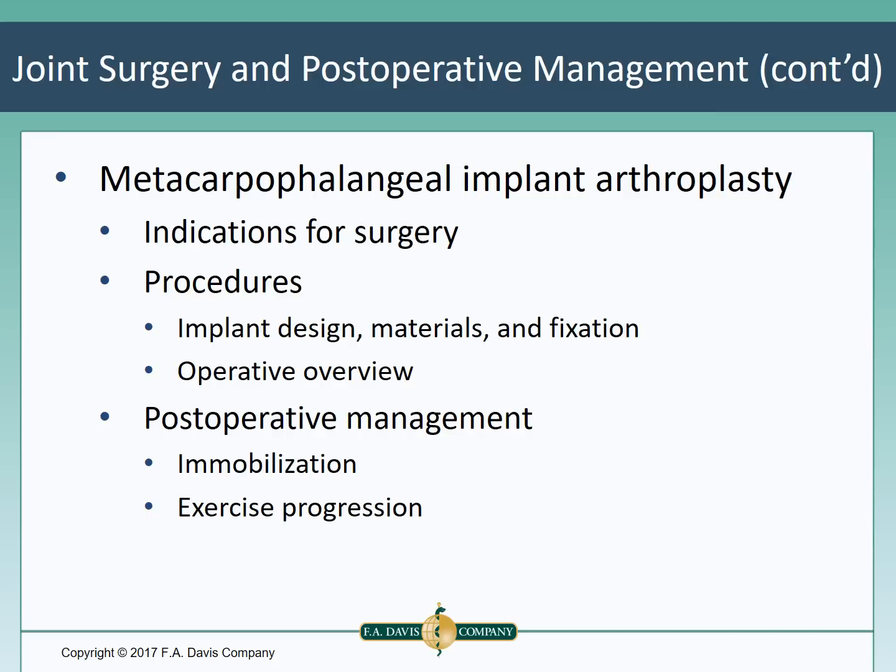The position of immobilization is, again, based on why they're having this surgery. And then your PIP and DIP are usually free rather than being braced itself.